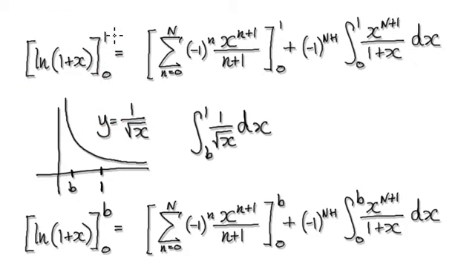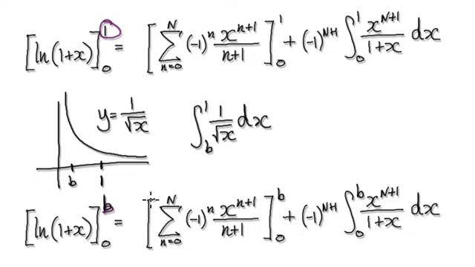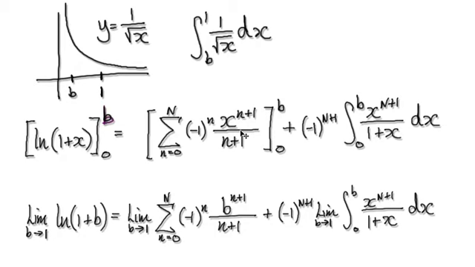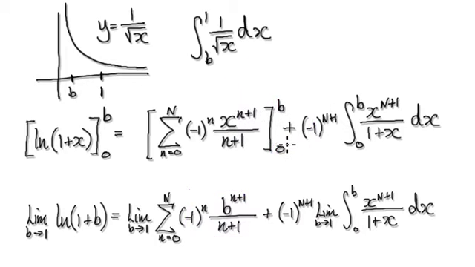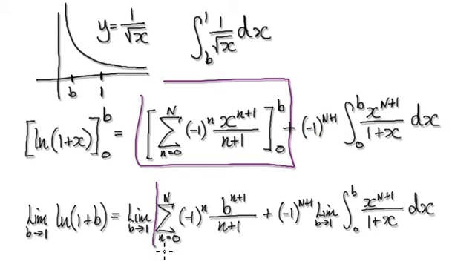So even though you're unsure about it being dead on 1, you can do it to b, and then take the limit as b heads towards 1. Looking at this here, if you put this into here, that will give you this thing here, and if you put 0 into here, everything will be 0. This whole block here will then become this, and then take the limit as b heads towards 1.